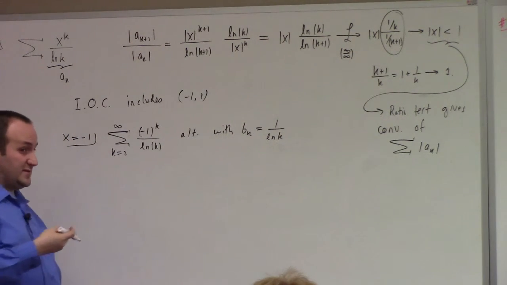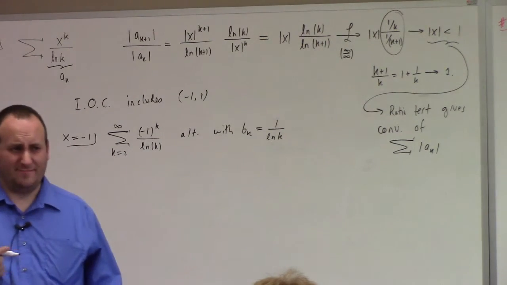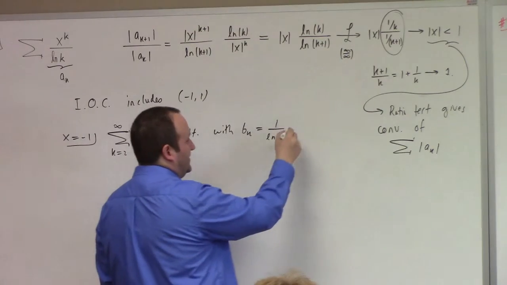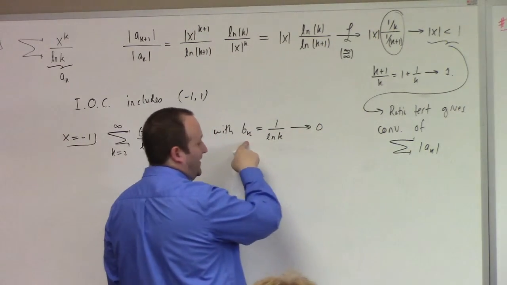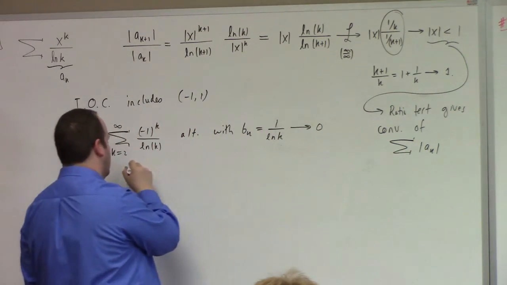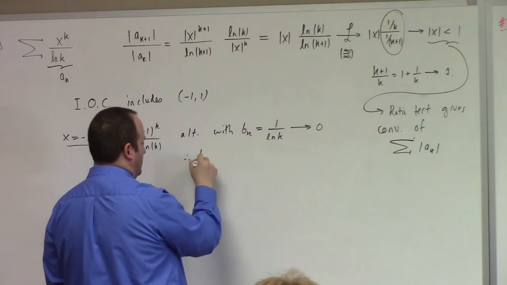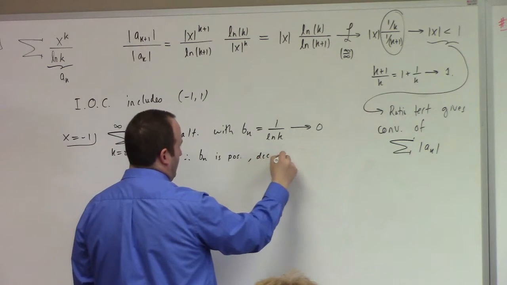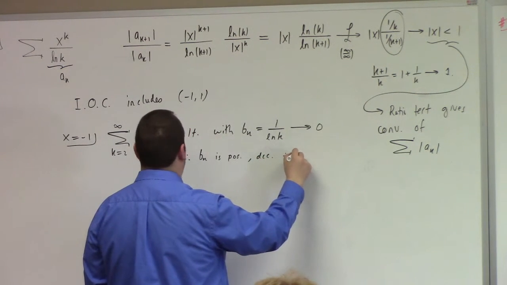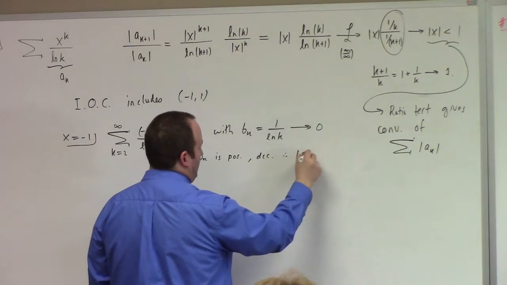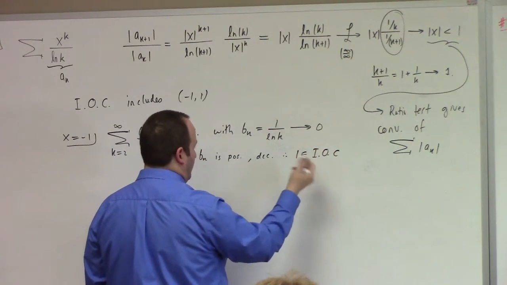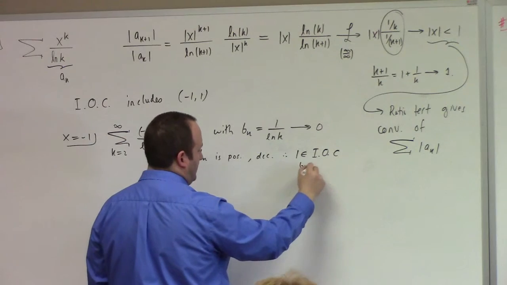That's the smallest it could start at. 1 is not good. But this goes to 0, and it's positive and decreasing. So minus 1 is an element of the interval of convergence by the alternating series test.